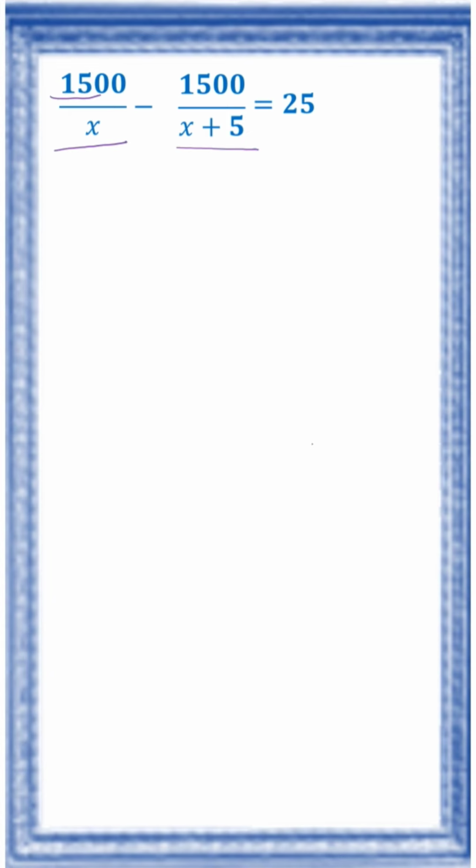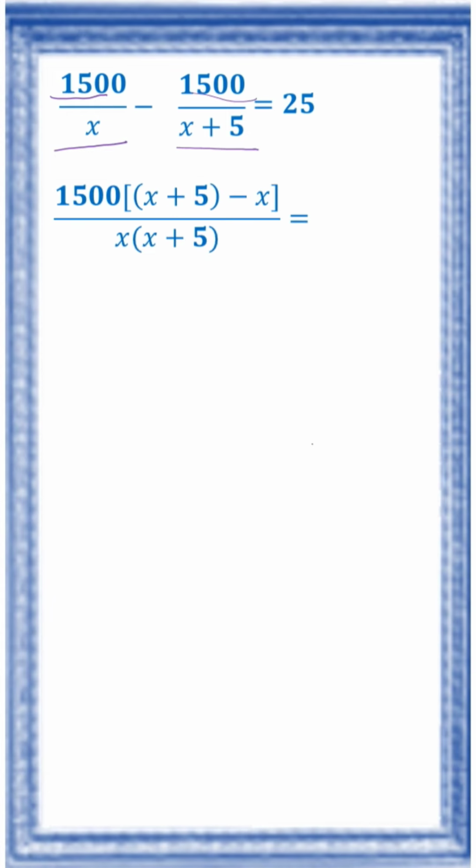Here 1500 is common. Now cross multiply x plus 5, minus x, divided by x into x plus 5, is equal to 25.